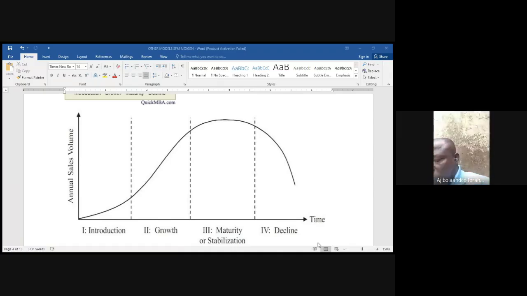So for instance, some products will crawl before you identify them. We mentioned the other time that before Toyota gained acceptance in the Nigerian market, it took a long time. Before Maggi gained acceptance in the northern states of Nigeria, it took a long time. You see the opposite with MTN and Econet. Immediately they came to the Nigerian market, they grew like that, and up to now, they have not declined.